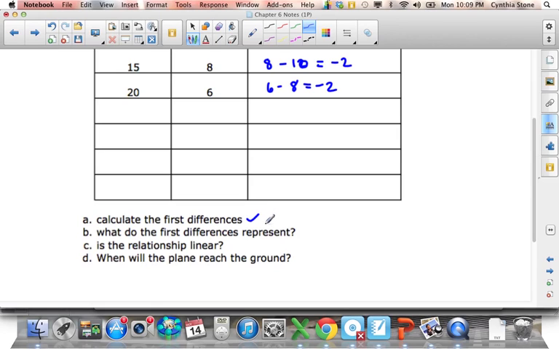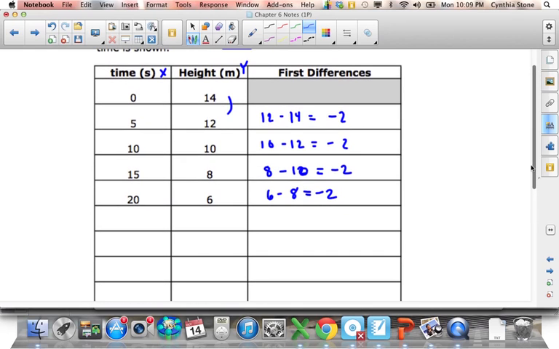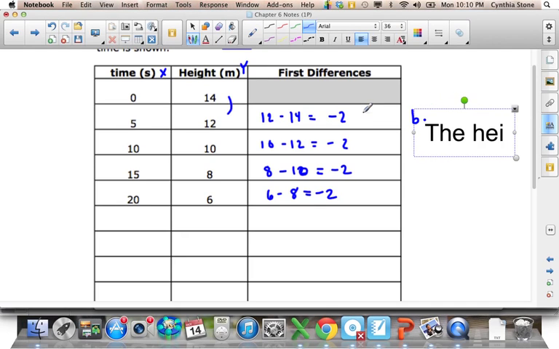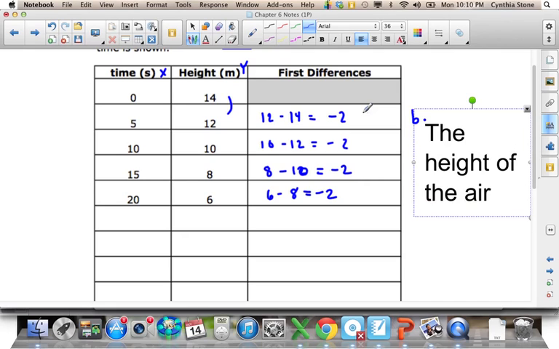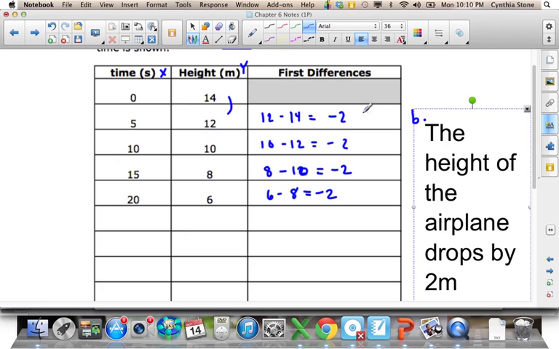What does it represent? When it asks what the first differences represent, I'll put my answer right here. What it means is that the height of the airplane is dropping, negative, by 2 meters every 5 seconds.